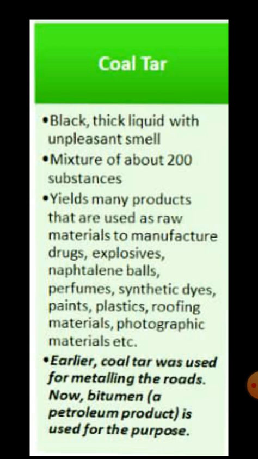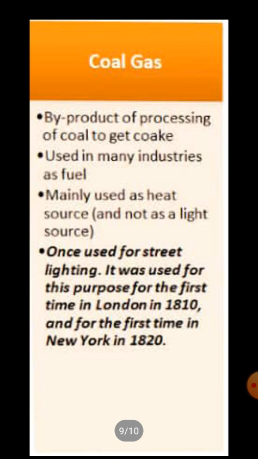The next product obtained from burning coal is coal gas. This is used as a fuel in many industries which are near the coal processing plants. Initially, the coal gas was used for street lighting.